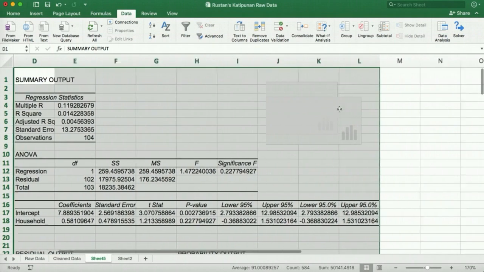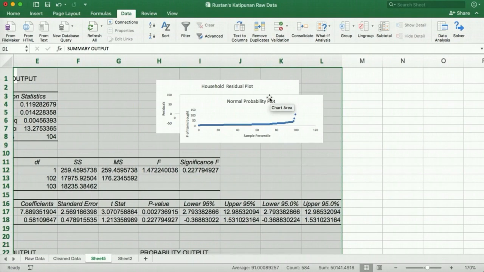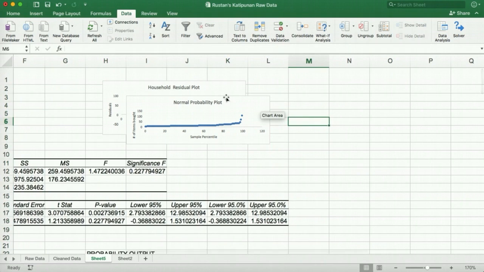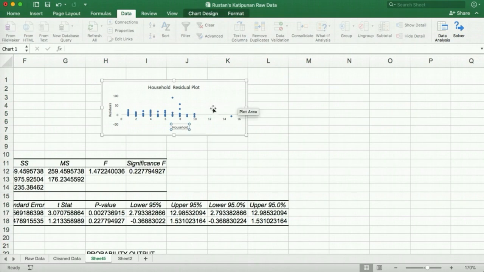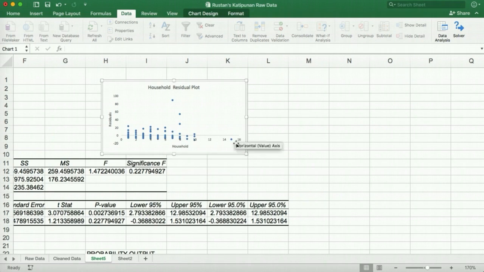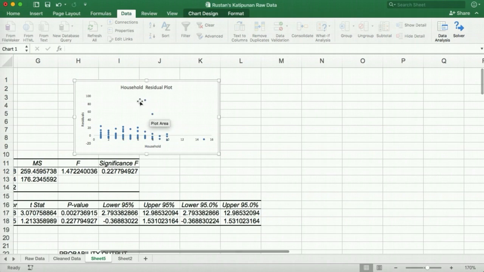So now I have here the results of the test. And if we look at the graphs, here the residual plot looks relatively horizontal again. So there are a few values that are very far, but we can consider these as outliers.